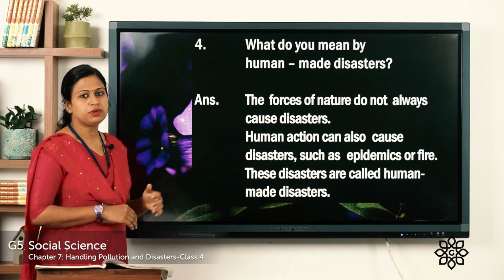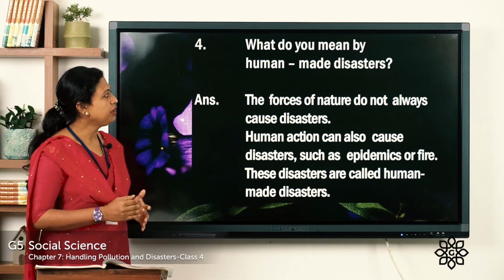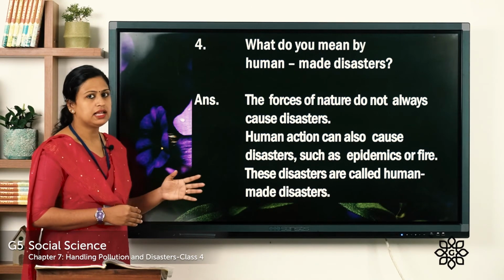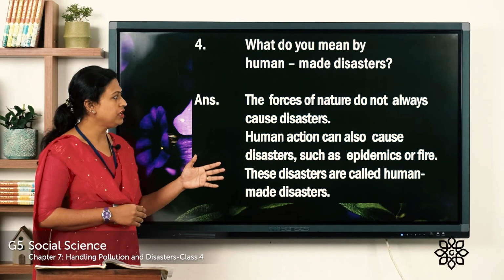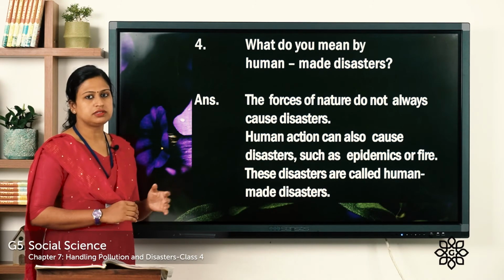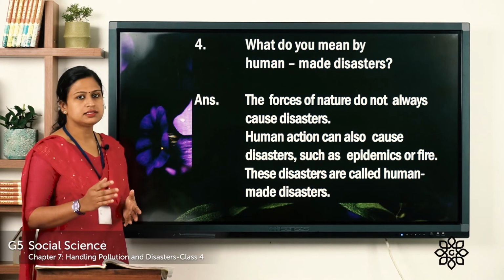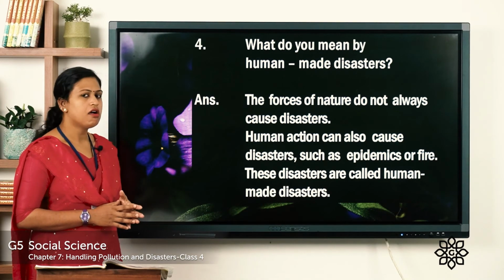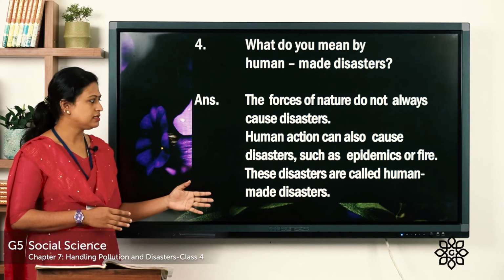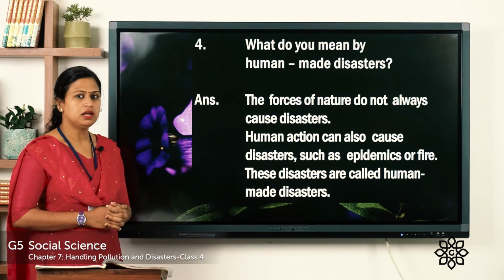Now the fourth question is, what do you mean by human-made disasters? The answer is, the forces of nature do not always cause disasters. Human action can cause disaster such as epidemics or fire. These disasters are called human-made disasters.